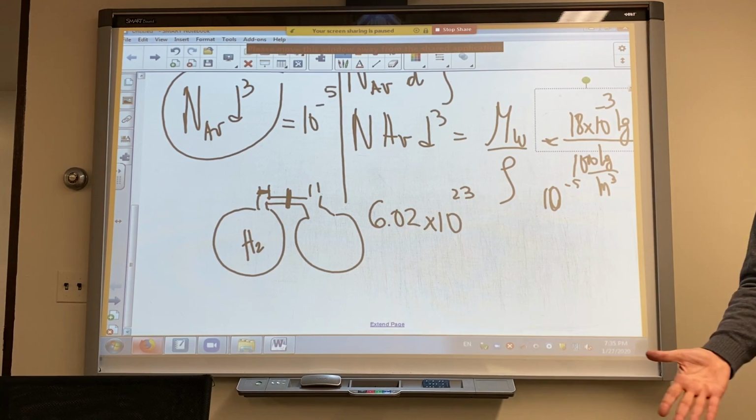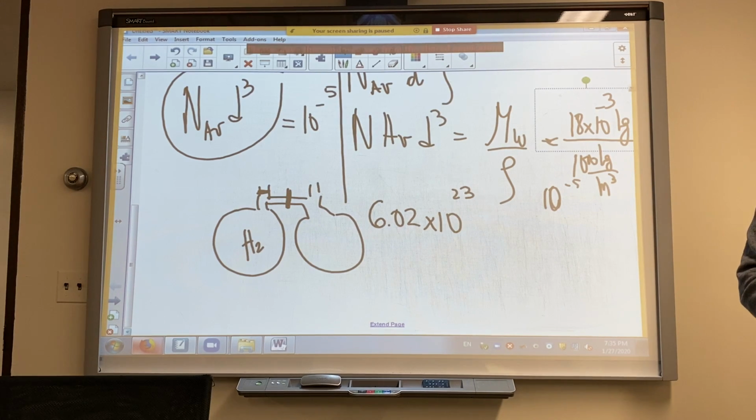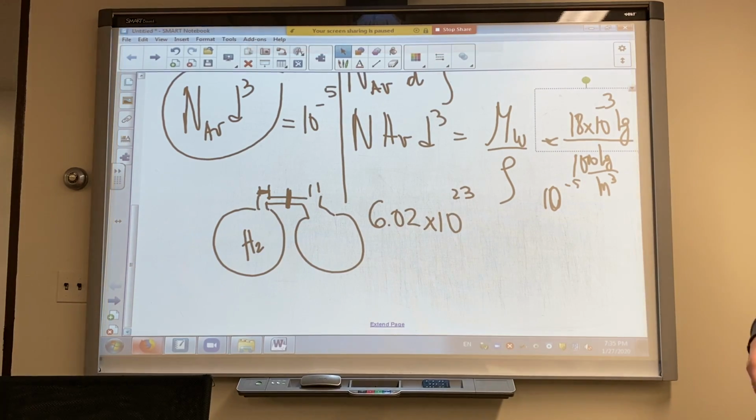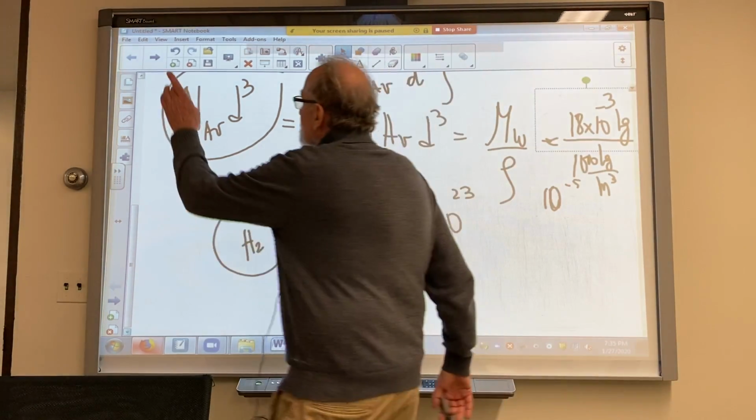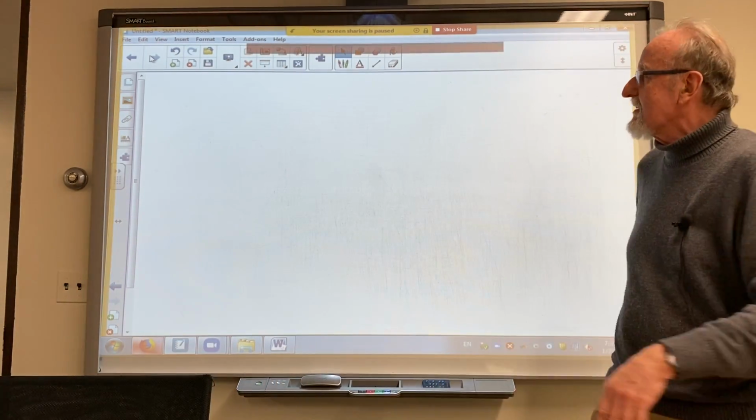Well, you want to look. So let's say that you decide, well, let me get a printout of the coordinates of these particles. And then I will do some study of where they are. So let me try to do a printout of 6 times 10 to the 23 particles.